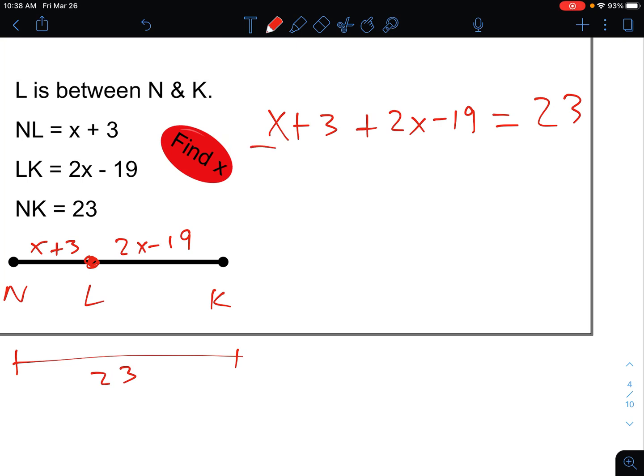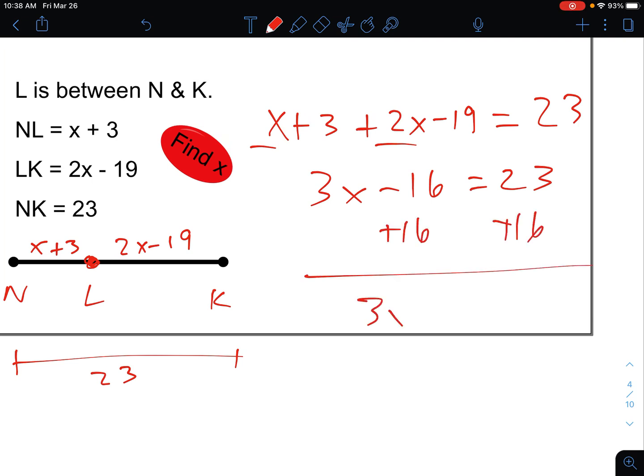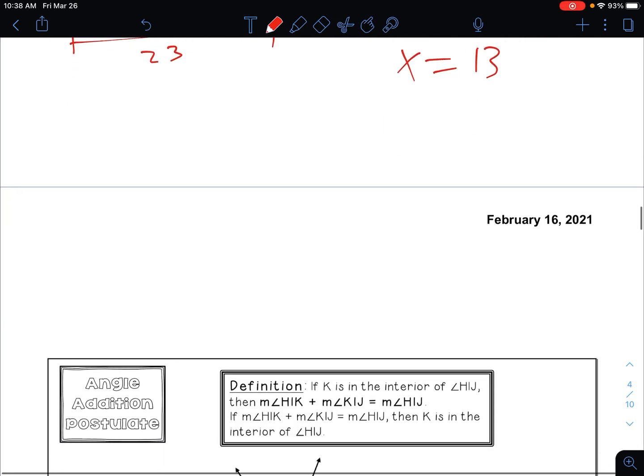So this is the part we're going to be good at, like terms, add 16, and then x is going to equal 13. Okay, so that's the algebra. Now all we have to do is set up the proof for it, okay?